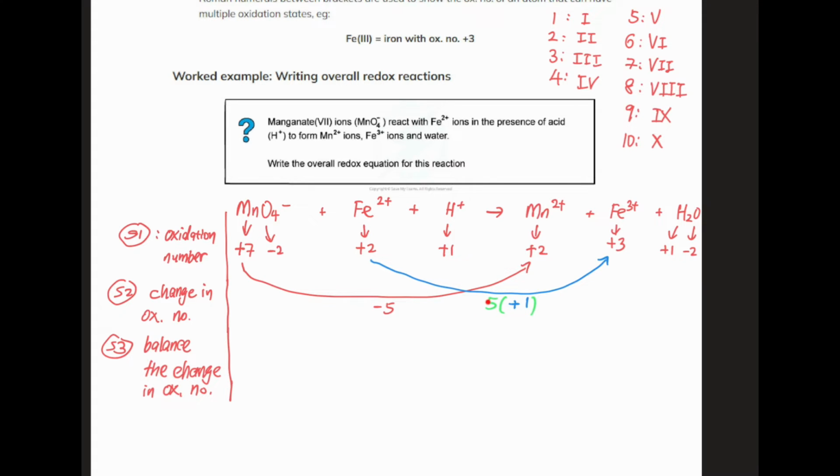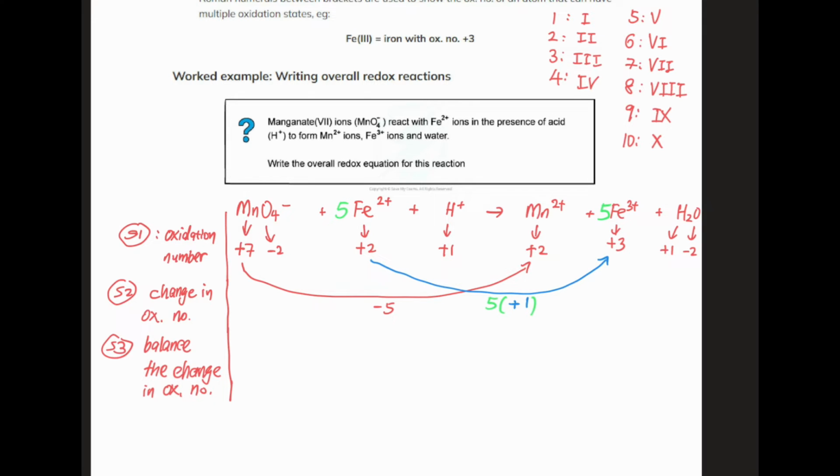So if you times 5 to this, you need to multiply 5 to the corresponding ions here, which is iron 2 and iron 3. So I multiply 5 to this.